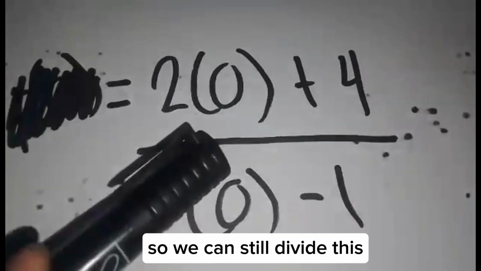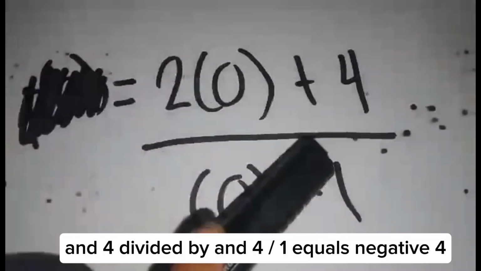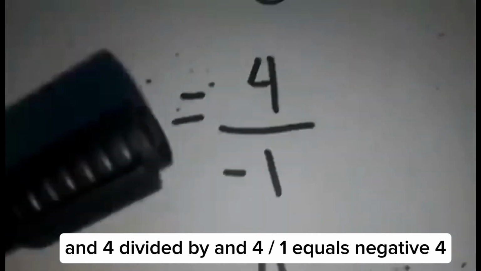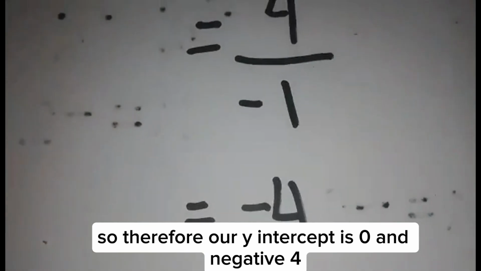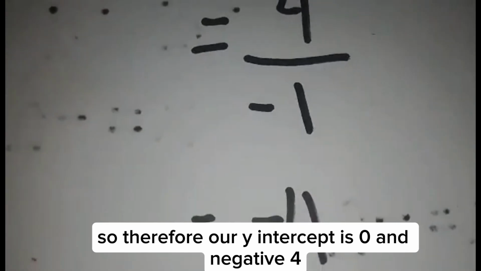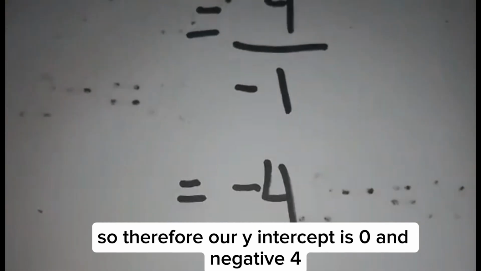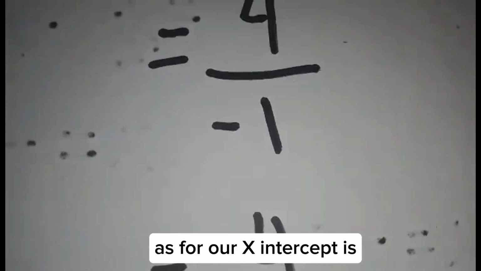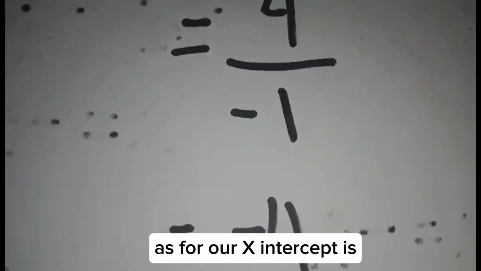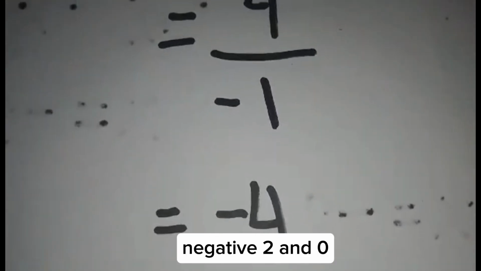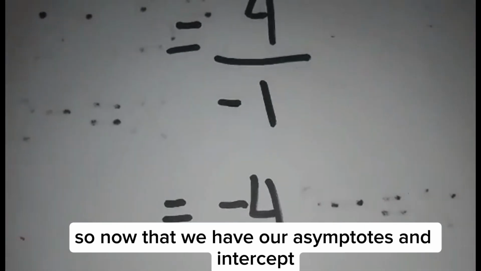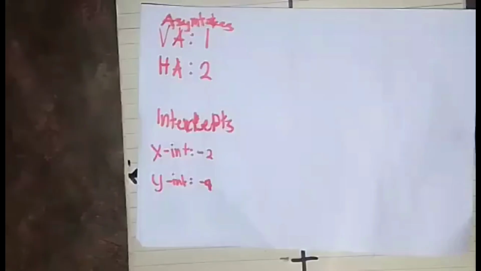We can still divide this, and 4 divided by negative 1 equals negative 4. So therefore, our y-intercept is (0, negative 4). As for our x-intercept, it is (negative 2, 0). Now that we have our asymptotes and intercepts, we are going to graph it.